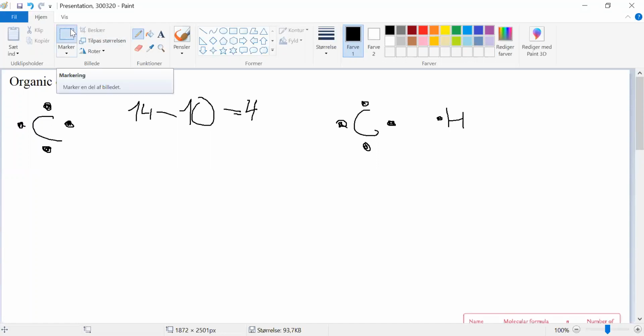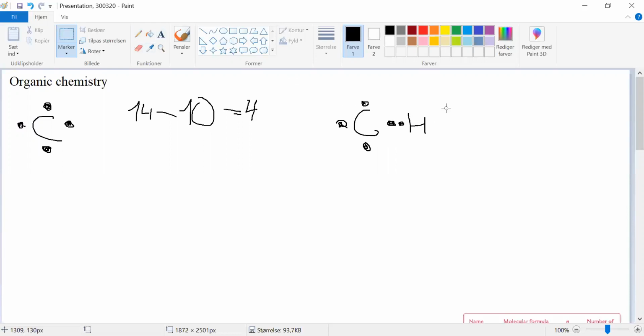So what we can do now is form the most simple organic compound there exists by moving a hydrogen there. So now we can see that hydrogen and carbon form a bond because there are 2 electrons, and 2 electrons is a covalent bond, so they share these 2 electrons.